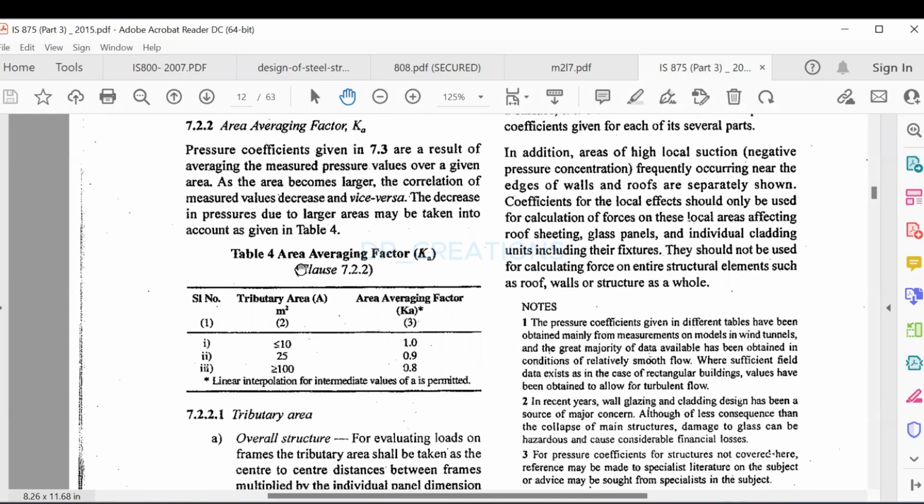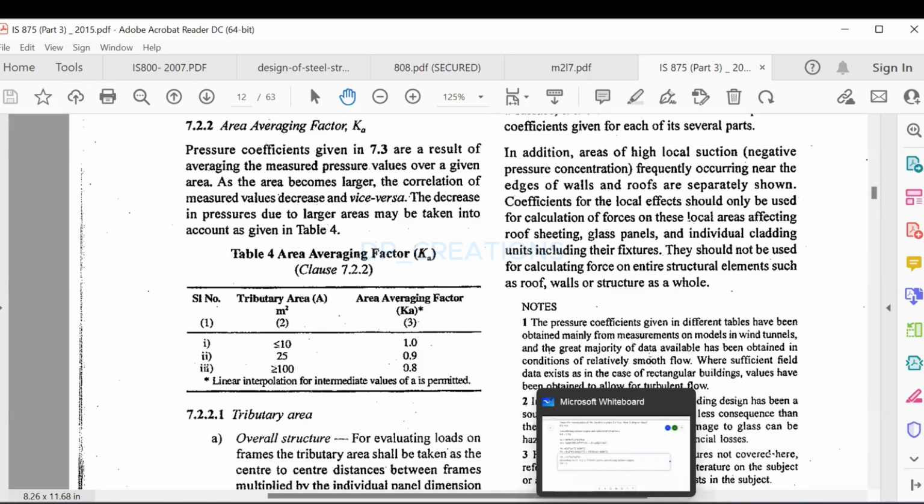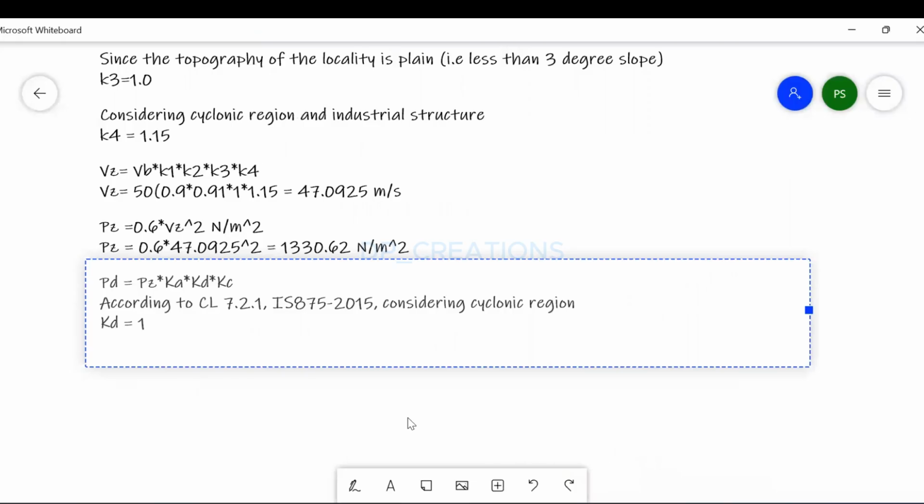For Ka, you have to calculate the tributary area. Nine meter into how much span? 5 meter, right? That is 45 meter square.